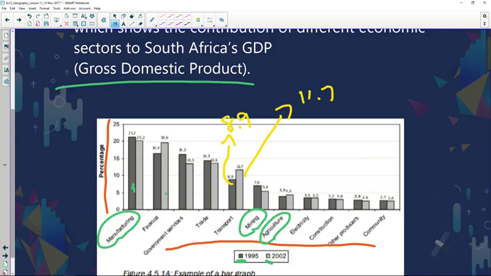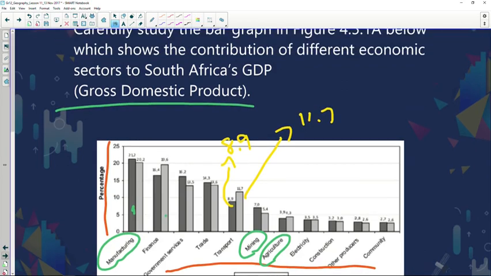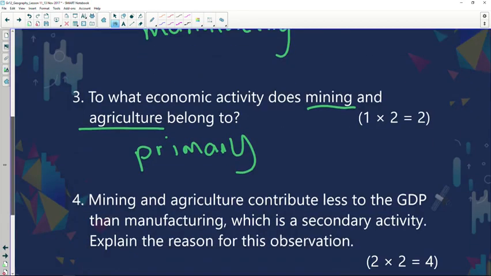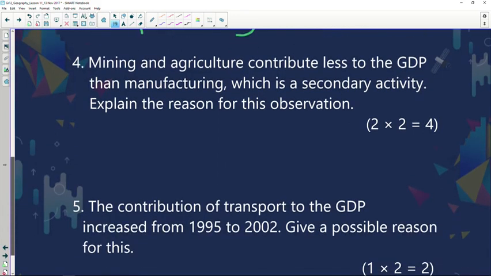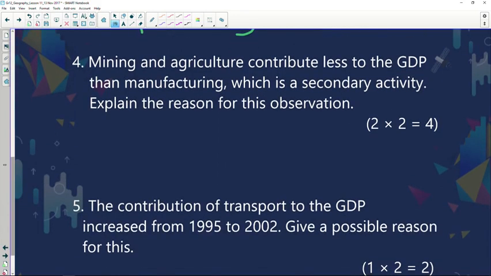Now the reason why, let's just quickly go back to the question: the contribution of transport to the GDP increased from 1995 to 2002. Give a possible reason for your answer. Basically because the government spent more money on transport routes and infrastructure.